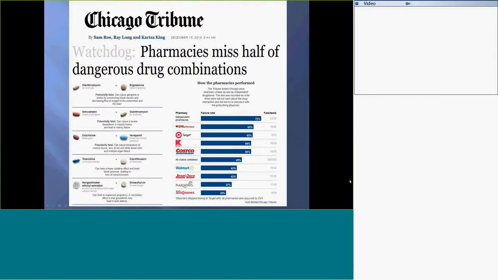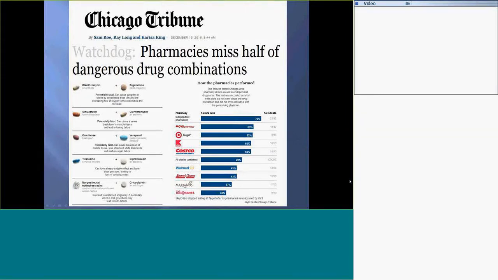So I'm sure many folks on the call have seen this Chicago Tribune piece. This was an investigative reporter or group of reporters that took prescriptions for known, quote-unquote, known interacting drugs to pharmacies around the Chicago area and tried to see if they could get them filled, despite the fact that there's some evidence that they can have adverse effects on patients.